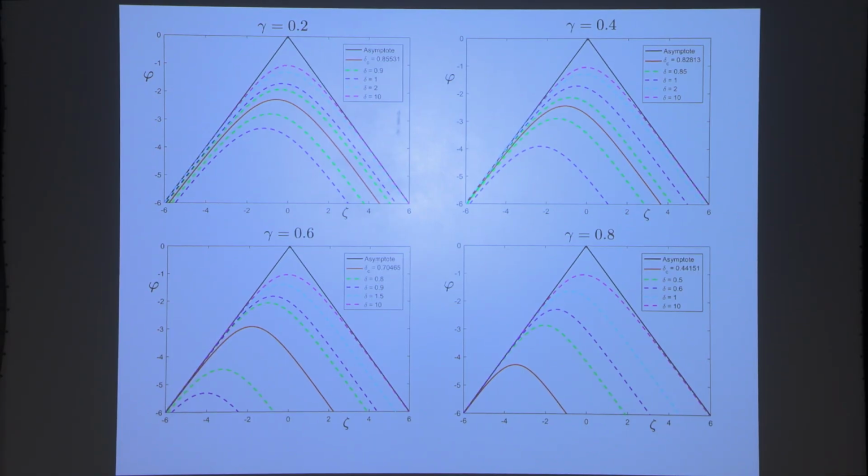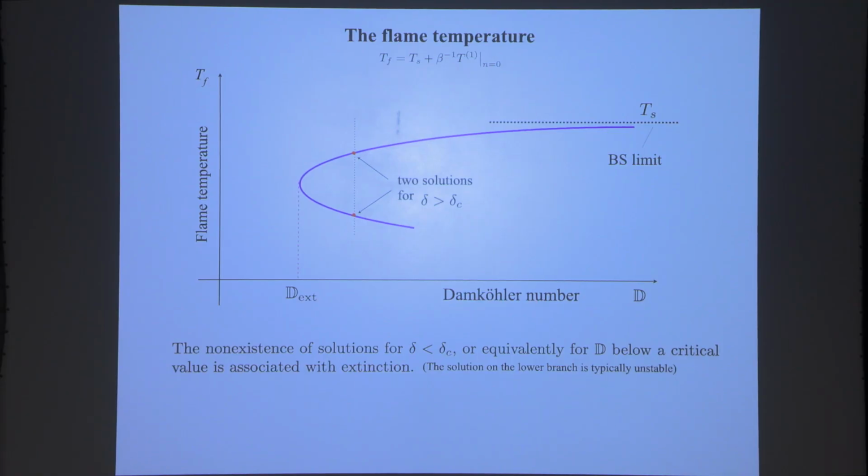There's either more fuel leakage or more oxidizer leakage. Okay, so there's no point going back to discuss each of these curves. They still have the same thing, that there is a critical value, which I indicated everywhere by the red curve, and multiple solutions otherwise. So what's the implication of this?